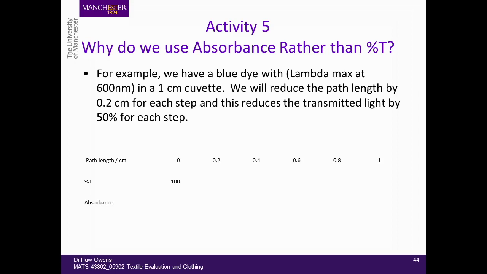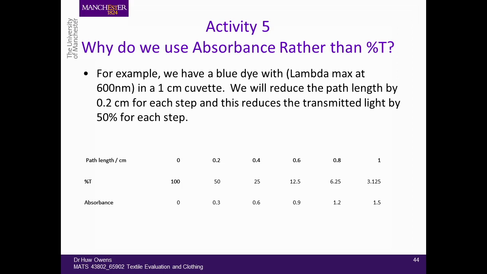Okay, so let's have a look at an example. We've got a blue dye which absorbs at a maximum point on the curve at 600 nanometers. So our lambda max, we've got a blue dye, lambda max is about 600 nanometers. We'll reduce the path length by 0.2 centimeters for each step.